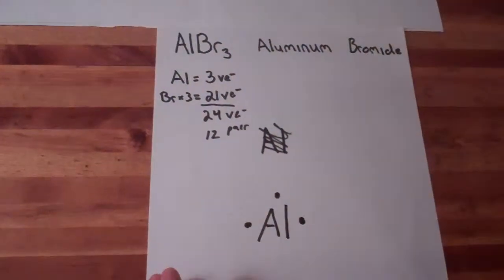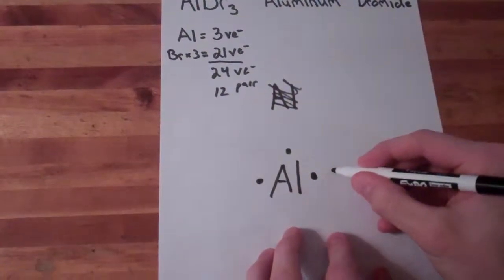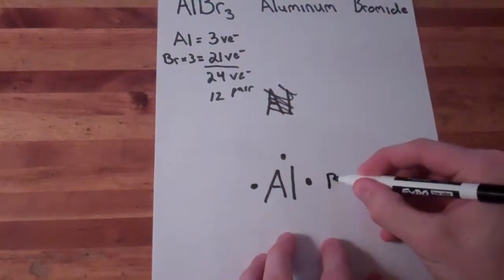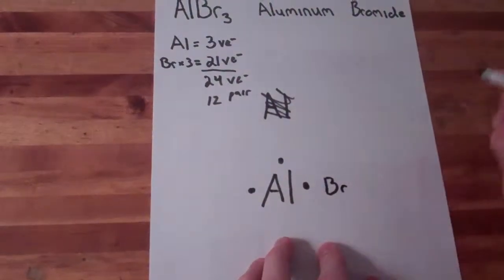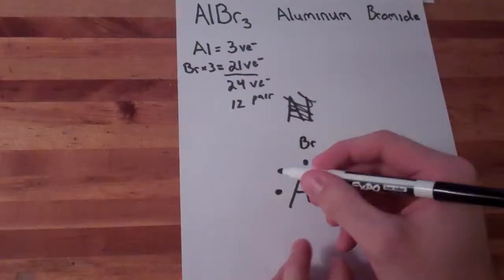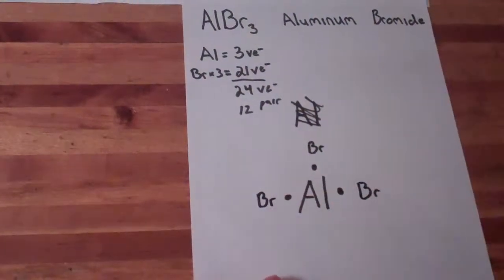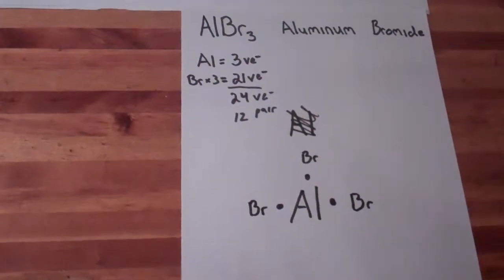So now all you're going to do is take your bromide and add the bromide over here. Bromide up here. The bromide over here. Alright.